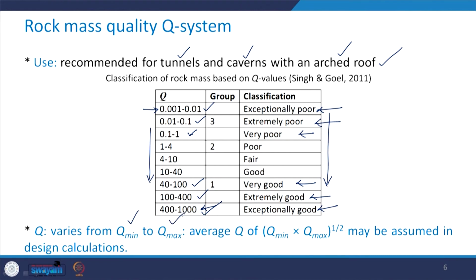In that case, the average value of Q which should be taken is equal to the square root of Q minimum times Q maximum. So this value of Q should be used in the design calculation.